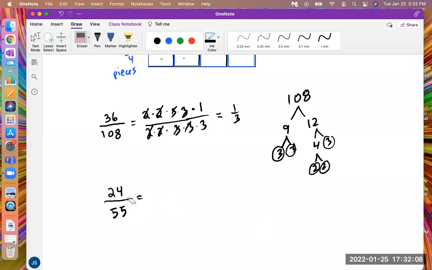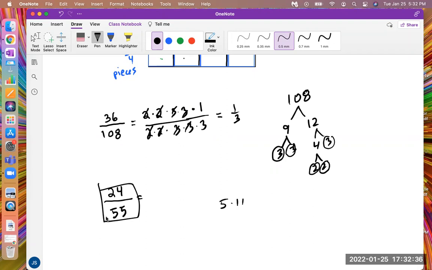When I prime factor 55, I quickly see the only 2 numbers I have to check that divide into 24 are 5 and 11. Once I'm done checking that 5 and 11 don't go into 24, I know this is completely reduced. That's what's so valuable about the reduce with prime factorization method.